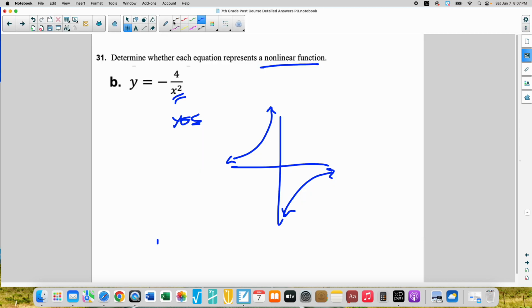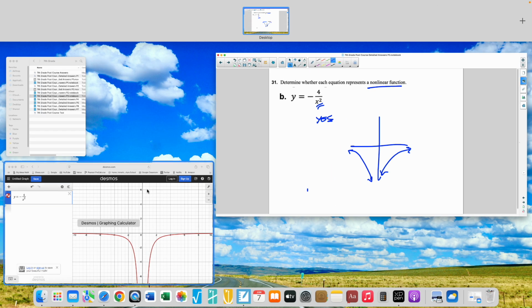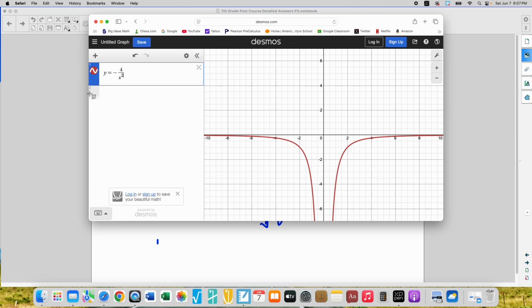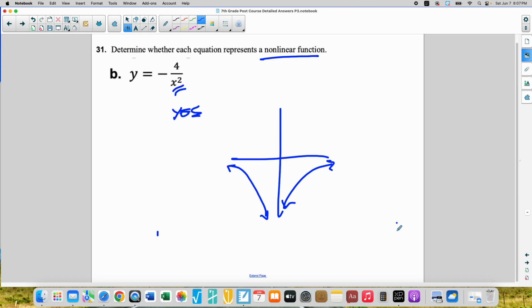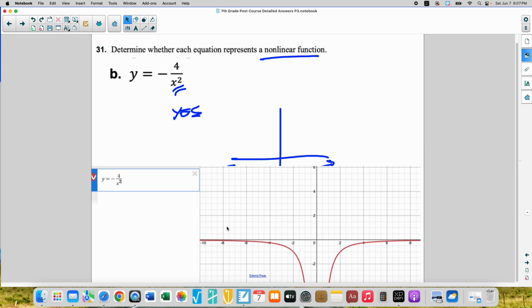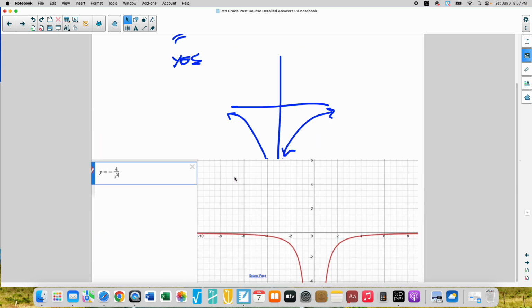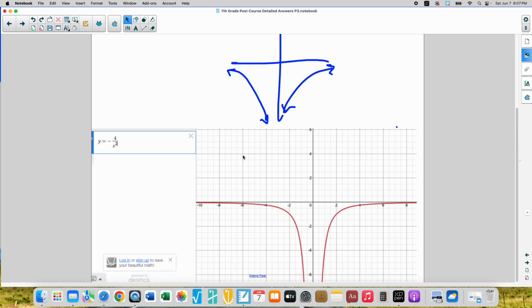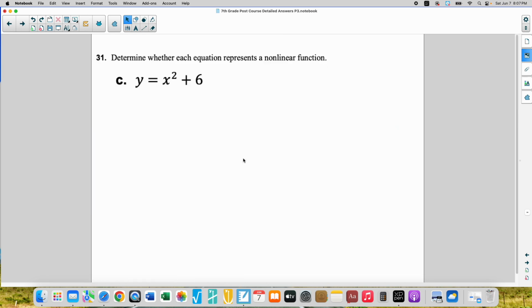So close. So this is actually over here, and it's going to be inverted. So we can take a picture of that, and so that would be considered nonlinear. Desmos is great. Utilize it. It's always good assistance. You learn, and it definitely gives you some experience, and you can reference it.